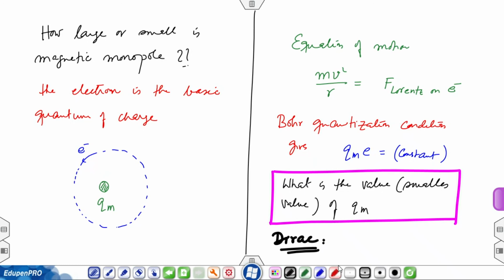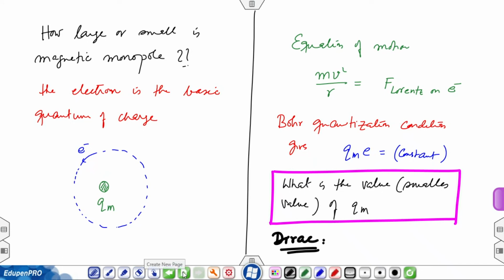So, I now stop on the subject of monopoles. I just wanted to give you a flavor of what all it involves, how we look at the equations, how we develop equations if we assume there is a monopole, and I have given you all the equations related to monopoles, right.